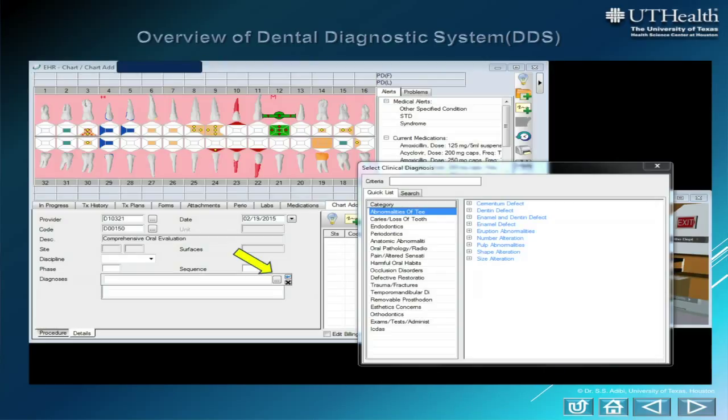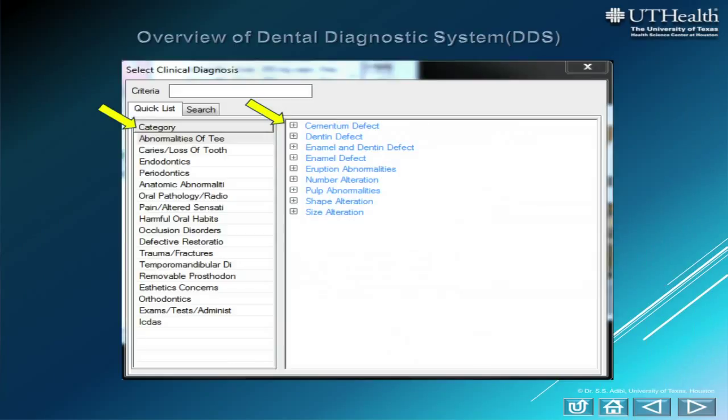Clicking on the Diagnosis button will open up the list of clinical diagnoses for you. This window is where you must go after every selection of procedure code in order to select appropriate diagnosis.